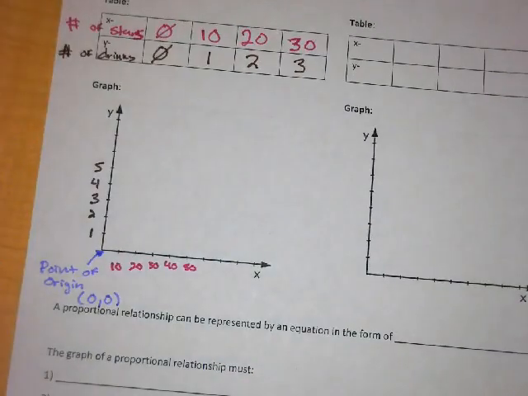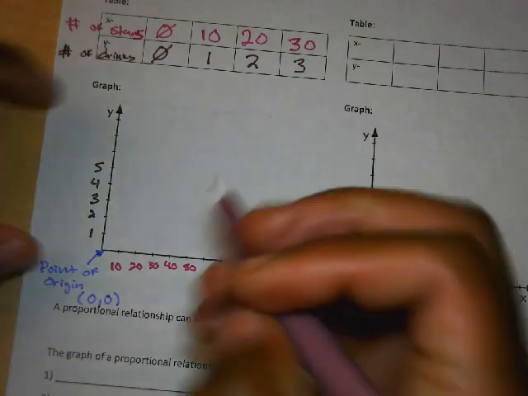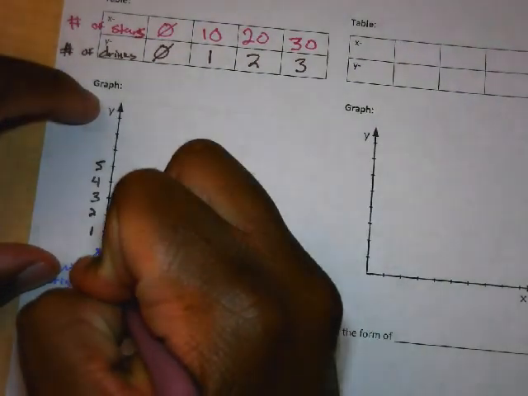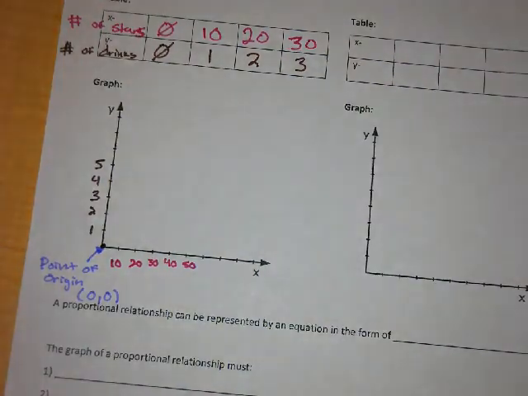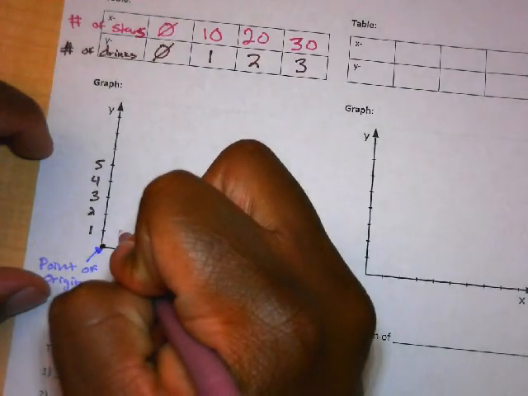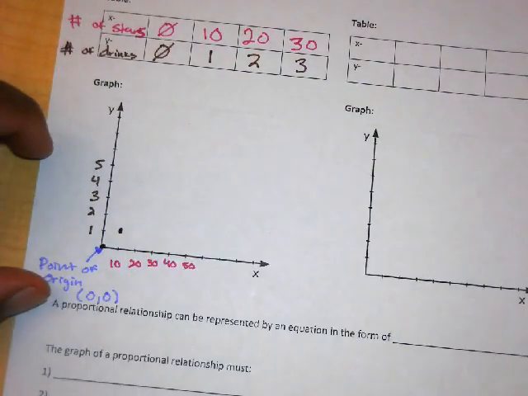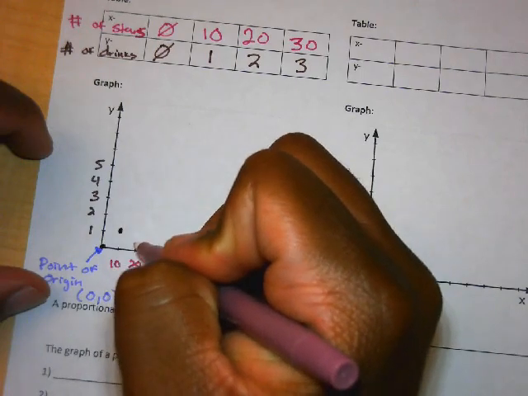So that's 0, 0 drinks, right? And we can start there because if I don't earn any points, I don't get any free drinks. If I earn 10 points, I get one drink. If I earn 20 points, I get two drinks.